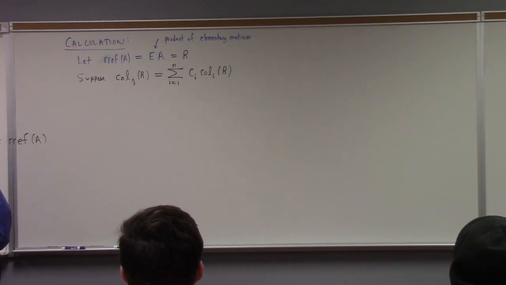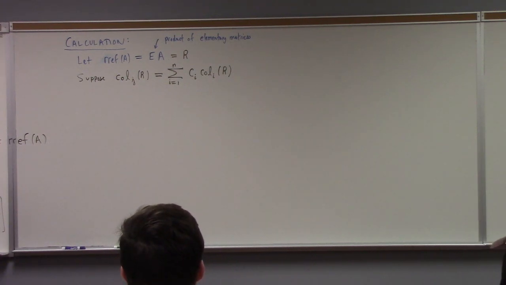Let me put it into words. I'm saying that the jth column of R is actually a linear combination of the other columns of R, right?